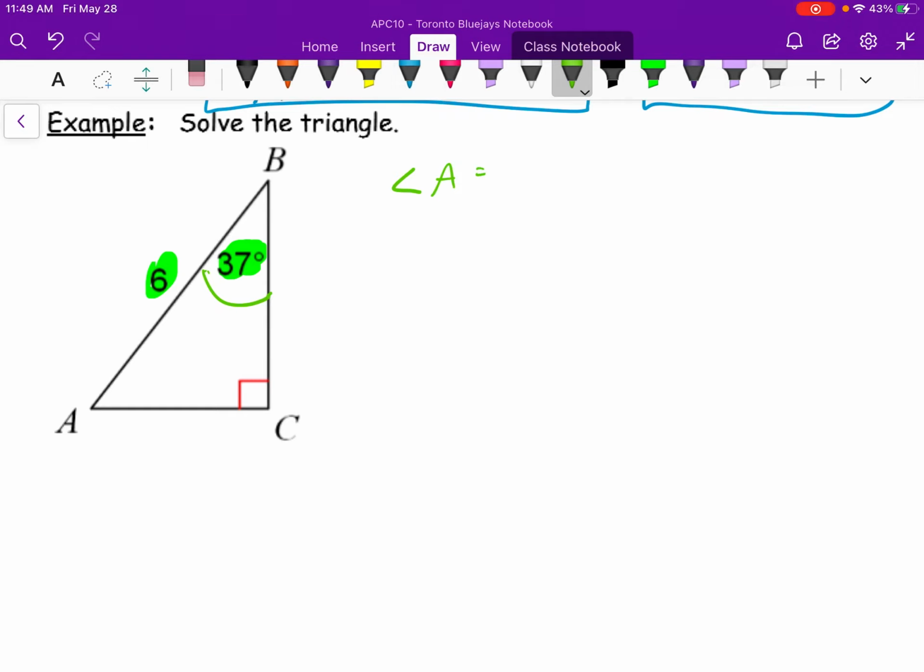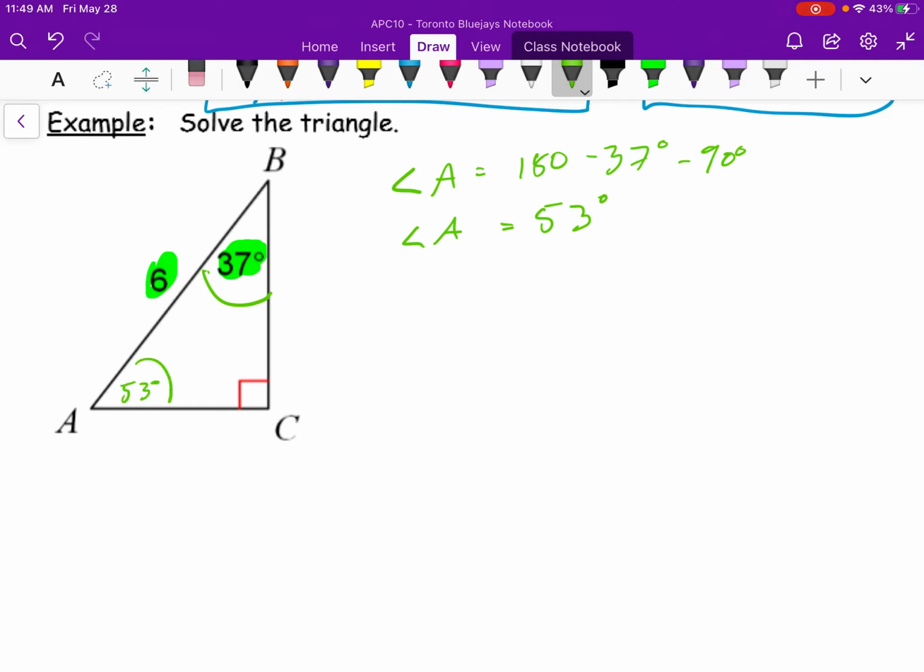Because I know that the sum of all angles add up to 180, so it's really 180 minus 37 degrees minus 90 degrees. Probably better to look at it as A and B being complementary angles, and that calculation is just so much easier. 53 degrees. So that's angle A.